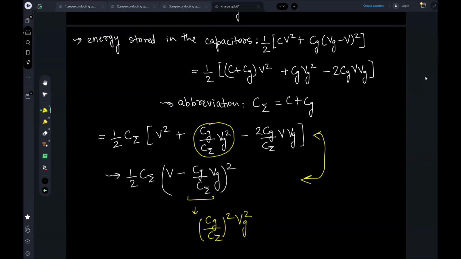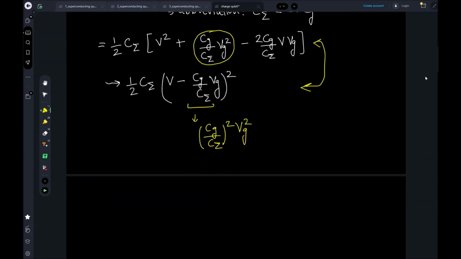And if you compare these expressions, they only differ by a constant. And this constant is just the difference of these two terms. So the constant by which these two expressions differ is given as follows.